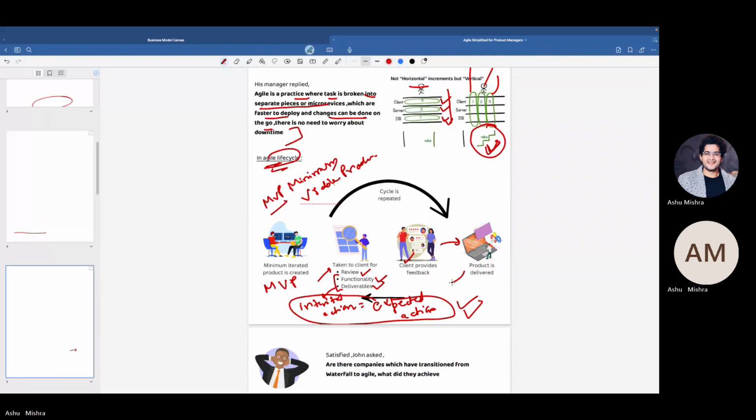After that, the client again gives some kind of feedback, right? Then again, the product is iterated, made a V2 or V3, given to the client for review of functionality and deliverables, the client provides feedback, and the product is delivered. So this cycle goes on until this product is at its prime stage.